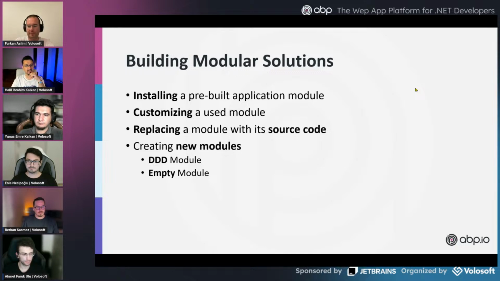We have seen how to create new modules to our application to create modular monolith solutions. Like we have two templates for these modules, MPT and DDD module. And also after creating modules, we can add package references and arrange dependencies between package modules and other items in the solution.